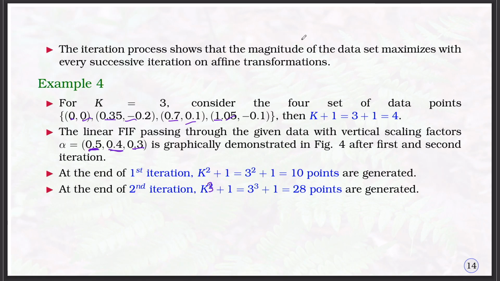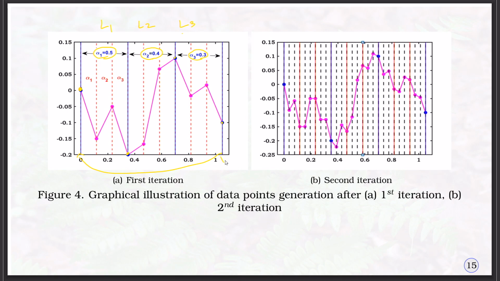We are with 1.05, not with 1. This 1.05 will map to here, and this 0 goes to 0, and the remaining point, this one, will go inside.